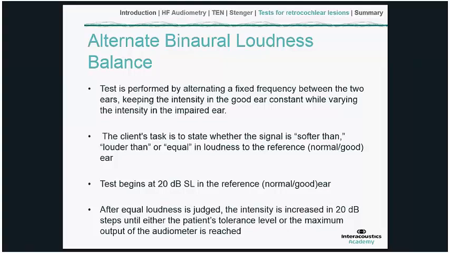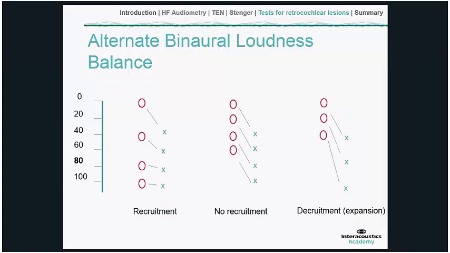And often the results are expressed on a ladder chart like this. So I'll briefly explain the results here and how to interpret them. On the left, we can see the ladder chart pattern for someone with an asymmetrical loss like we showed. The left ear is the suspect ear, but this is a cochlear loss showing recruitment.